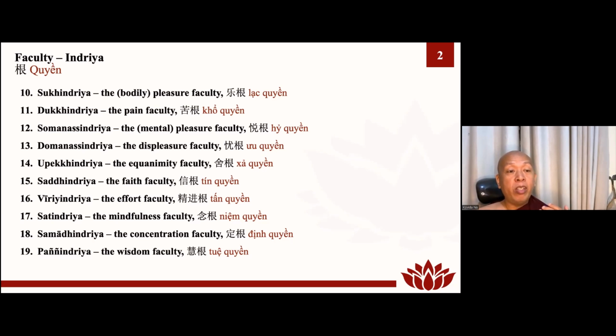We can misbelieve something, for example, a non-attainment as an attainment. So if we have very strong confidence but are unwise, saddha can also be very similar to mana, pride. We must be careful. I mean, wrong belief can be mana. If we have right belief, I mean, if it is associated with wisdom, it can be right belief.